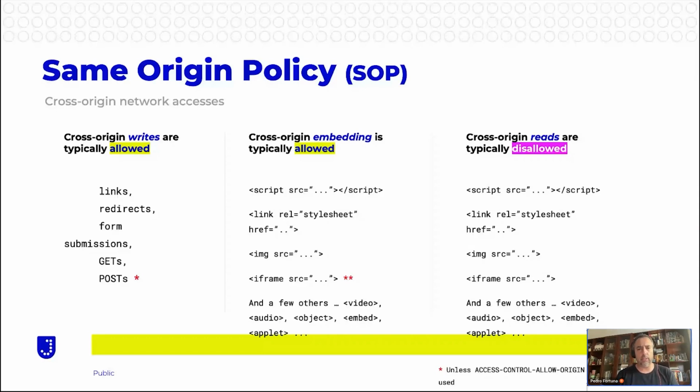Now, let me pause here and just comment on embedding. This embedding is actually very convenient for facilitating code reuse and pushing new features fast. We embed code from different parties for quickly assembling our application to get started quickly.